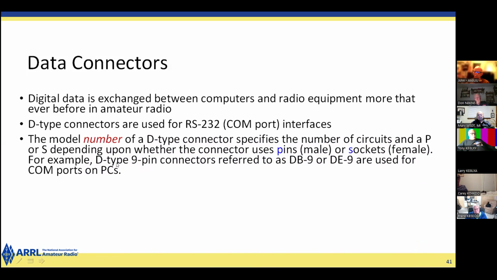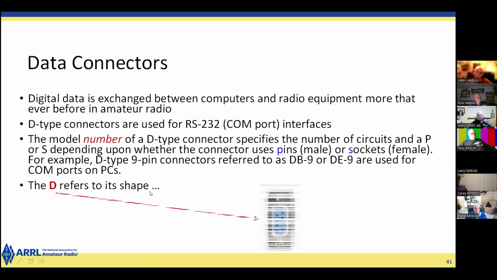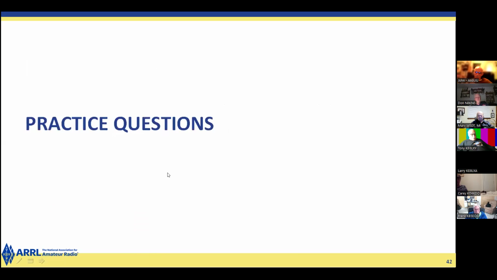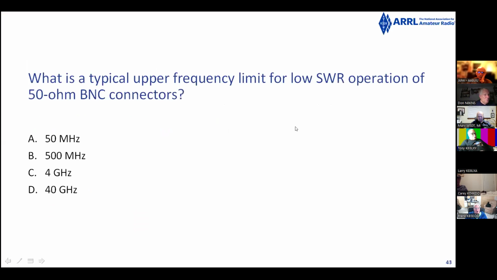For example, D-type 9-pin connectors, referred to as DB9 or DE9, are used for COM ports on PCs. The D refers to the shape. See, it looks like a D, kind of. You see a lot of 9 pins. Every once in a while, I'll see a 20 pin.